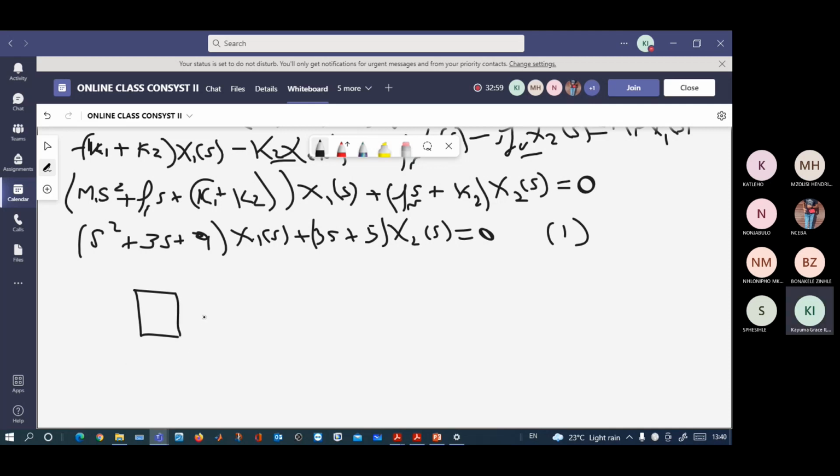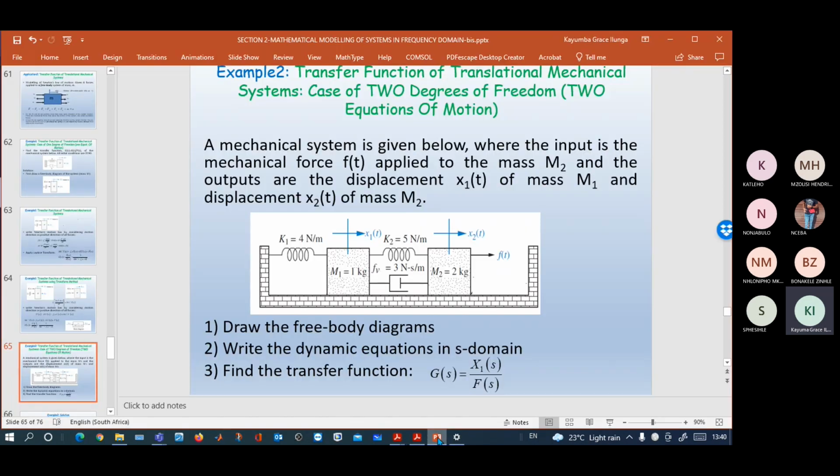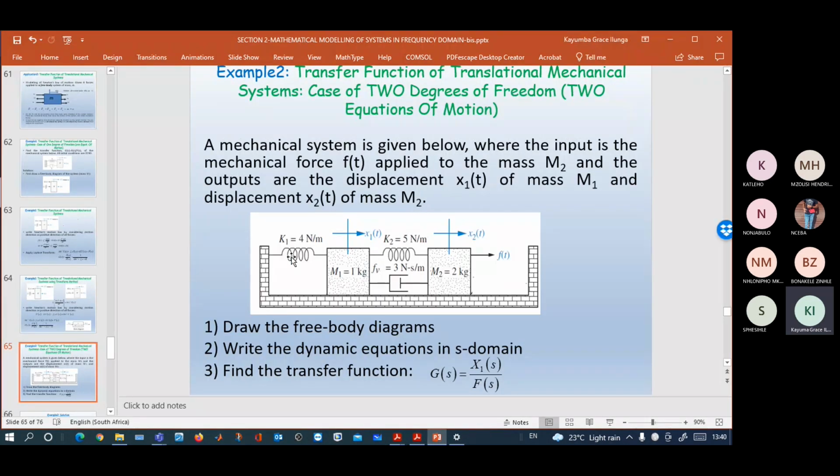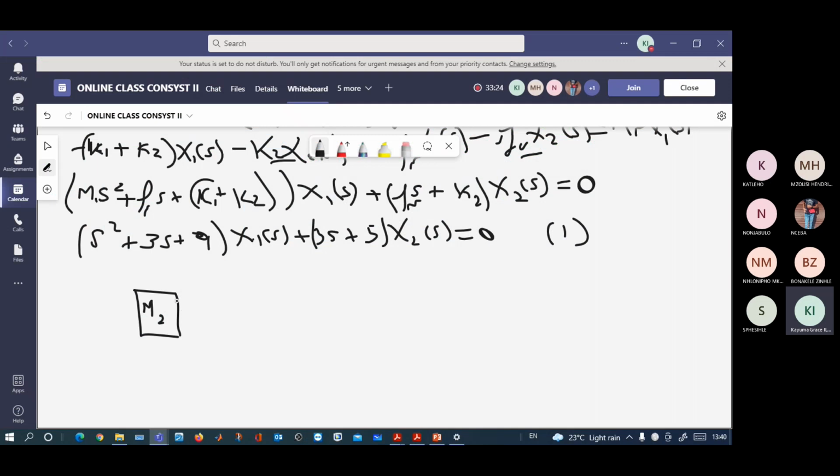For this one, we can put the values already, so it can help us save time. Or let's just do it the same way, so it can help others understand M2. When we go back here, how many forces do we have? We have this force, this one, and that one. We have also 3 forces. So this one is easy to write.